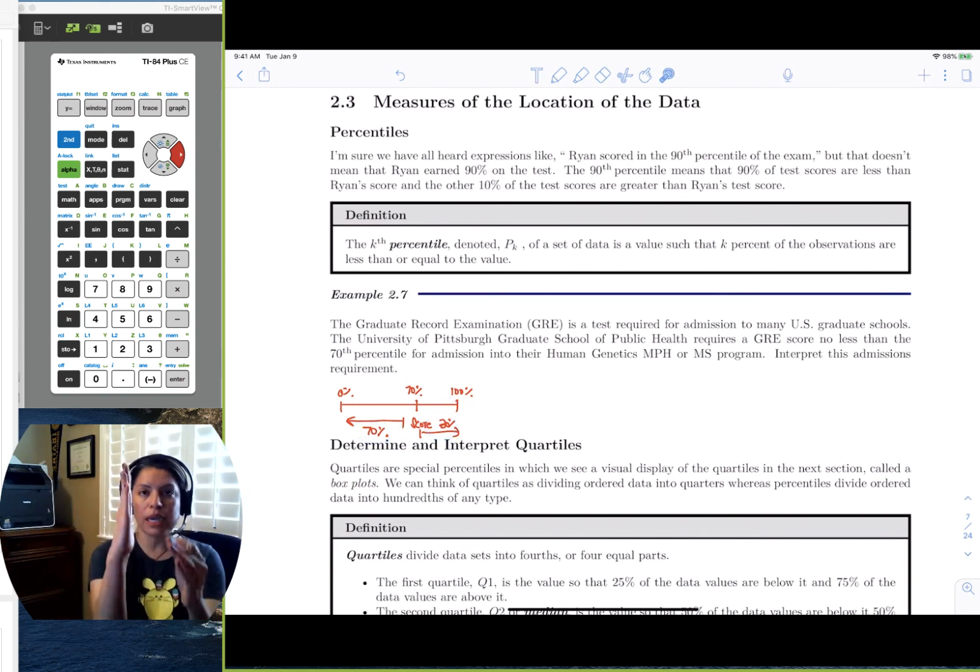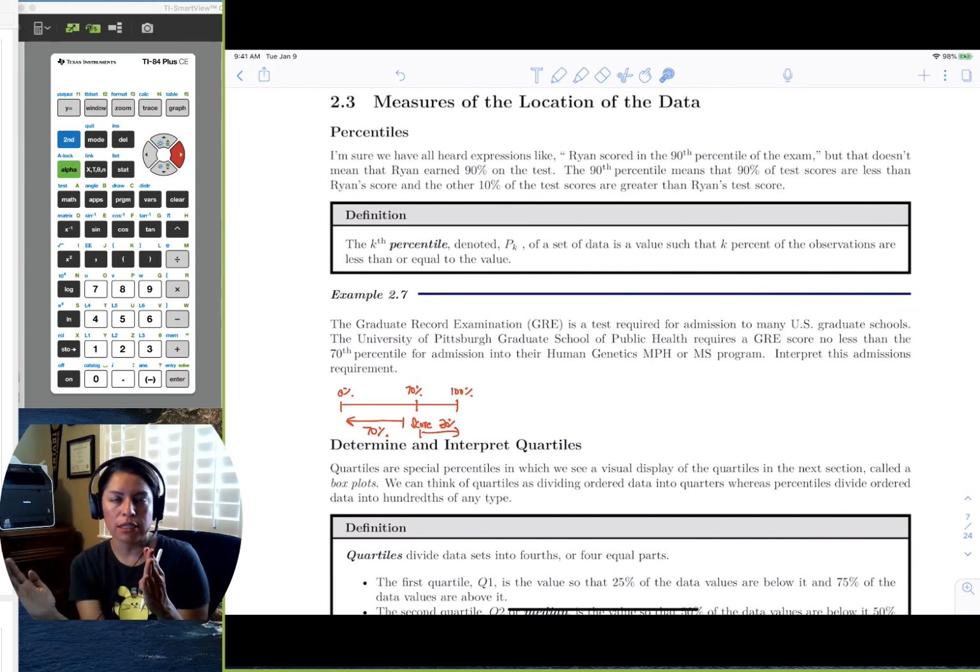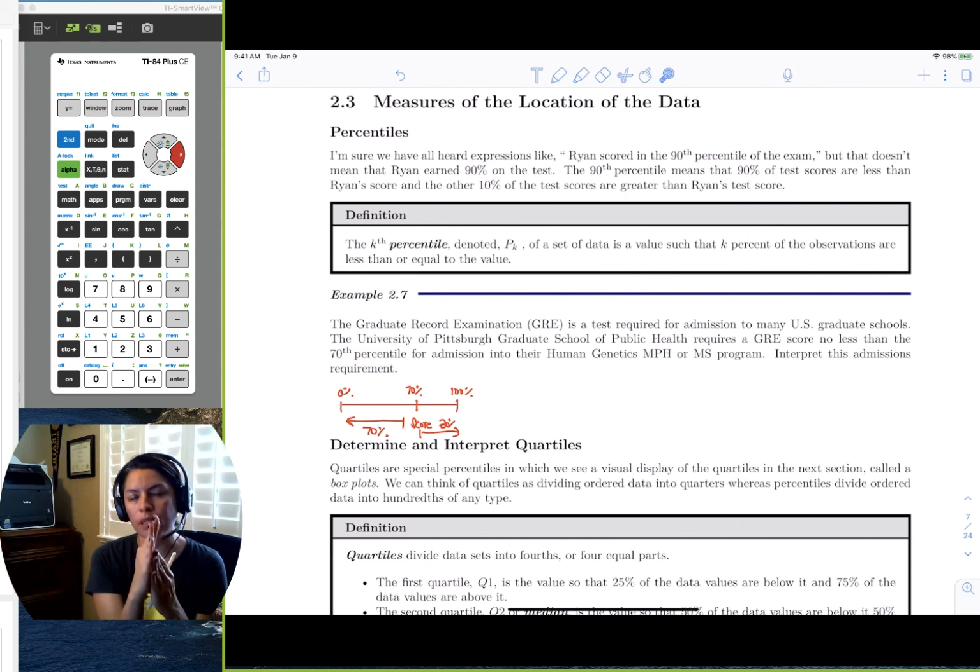So this means that the data location for that GRE score is at 70. Let's just say it was me that took it. All scores would be 70% less than mine and 30% would be greater than mine. So they're looking for that 70% data location score.